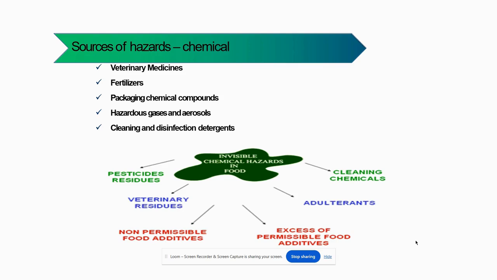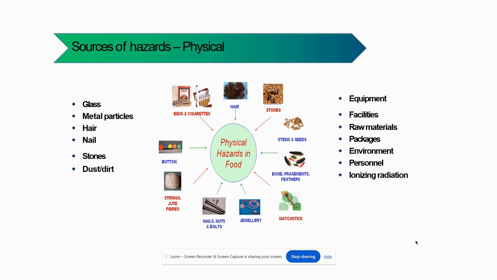Then physical hazards could be physical ingredients like glass, metal pieces, hair, nails, stones, dust or dirt, which may be coming from the people, those who are in contact with the food, that is food handlers, or it could be from the raw materials, or from the machineries, or from the farm source, or from the human, those who are working in the food handling places.